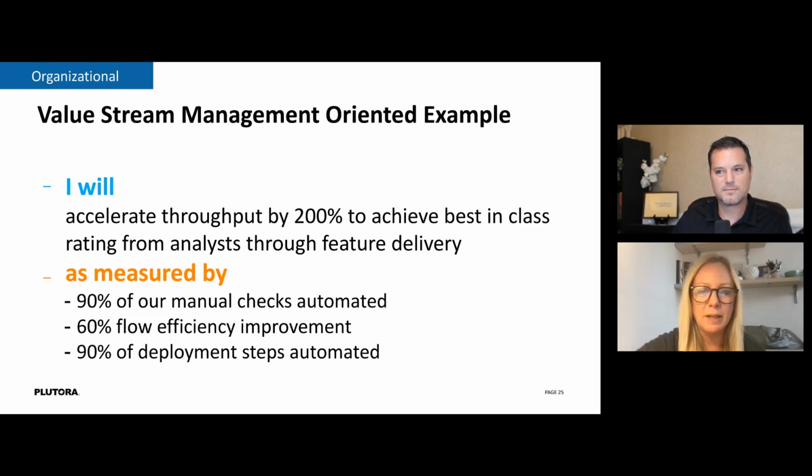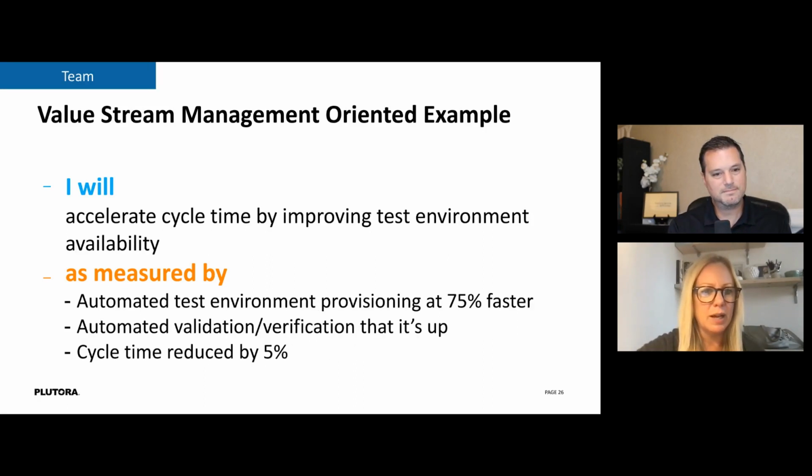I think it also speaks to Ferruccio's question as well, about there's nothing here that says it's a web app. Nothing there to indicate it's a web app at all. And then this one here, at the team level, we're talking about accelerating cycle time. And a lot of organizations have problems with shared test environments and things like that.